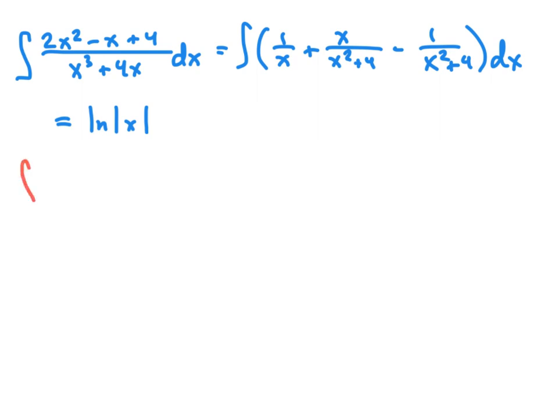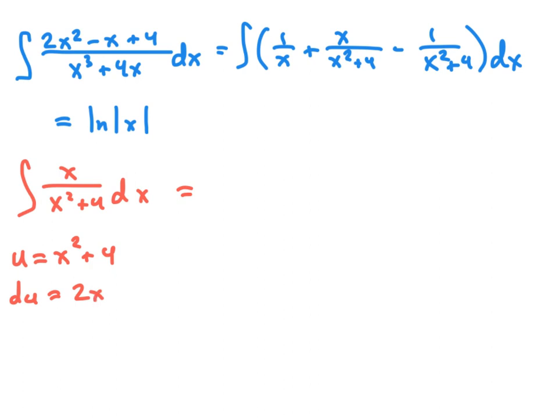For the second term, the integral of x over (x squared plus 4), we need to do a quick substitution. We can let u be the denominator, x squared plus 4, which means that du will be 2x dx. And since we only have x dx, we need to divide by 2 to get du over 2 equal to x dx.